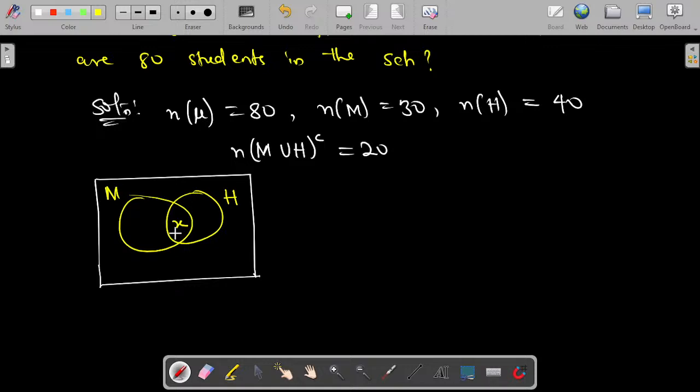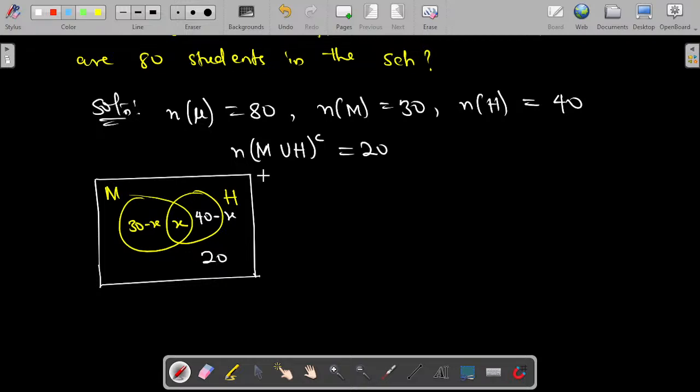The people here will be the number offering music minus the intersection, which is 30 minus x. The people here will be the number offering history without the intersection, which is 40 minus x. And outside the two circles, their complement, is equal to 20.